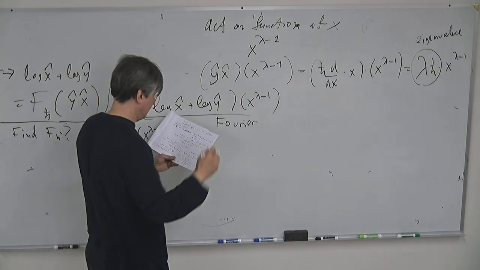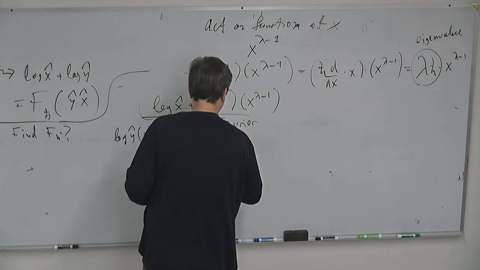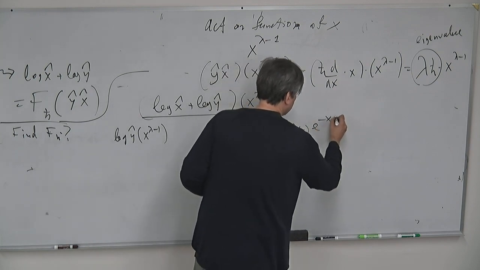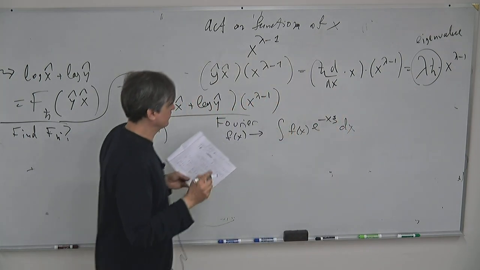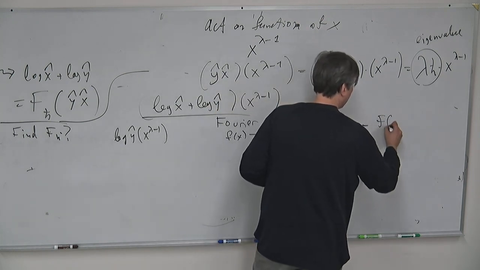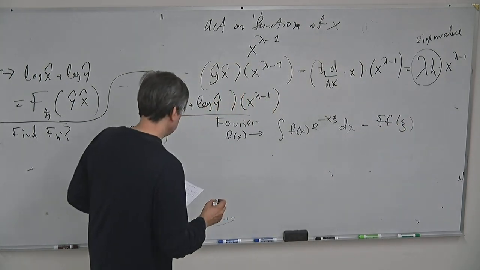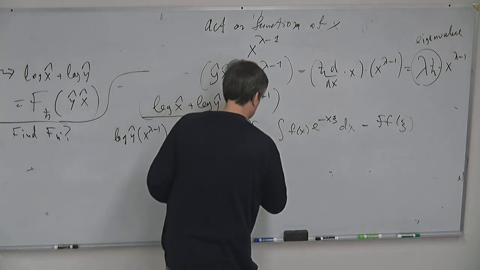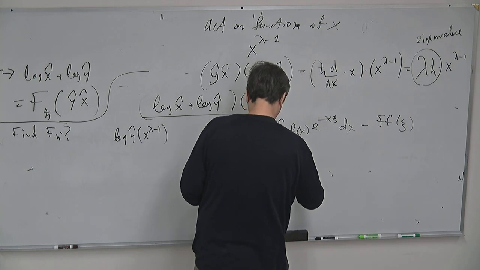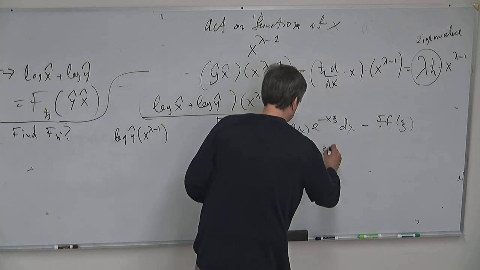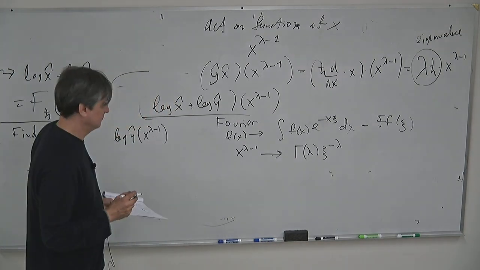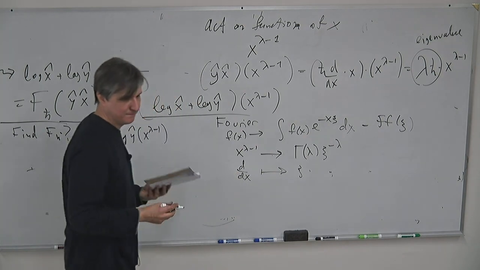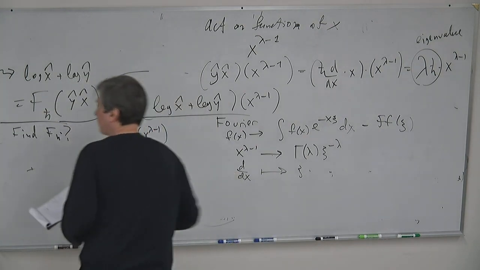I write Fourier symbolically: f of x goes to the integral of f of x exponent minus xi x dx, the Fourier function f of xi. Under this operation, x to the power lambda minus 1 goes to gamma of lambda xi to the power minus lambda, and d/dx goes to multiplication by xi. Now we are ready to proceed.